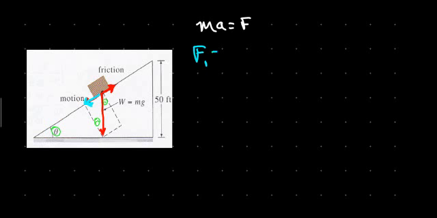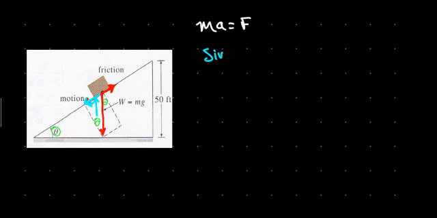F1 equals, well, that's not the way I want to approach it. I want to look at this theta, and that's the opposite side, so that would be sine theta.